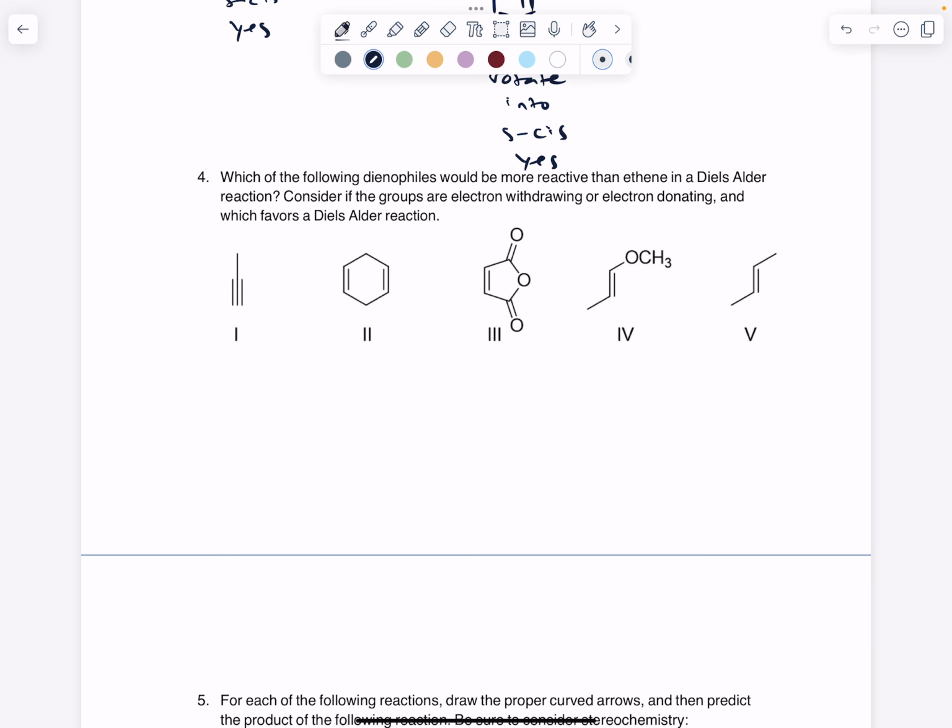Okay, next question. Which of the following dienophiles would be more reactive than ethene in a Diels-Alder? Consider if the groups are electron withdrawing or electron donating, and which favors a Diels-Alder. So when I think of ethene, that's not very reactive. We had a slide where we talked about how this requires high heat, which isn't really favored, because then it starts to do a reverse Diels-Alder.